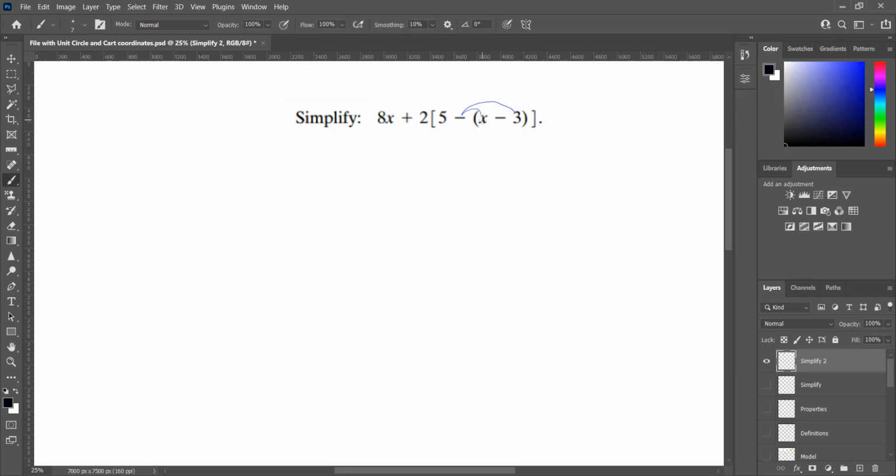Notice I'm not distributing the 5, just the negative, but then I will have to distribute the 2 through. That'll have to be sent through, but let's get to that a little bit later. So I've got this 8x plus 2. Now I've also got this bracket thing. As it turns out, that bracket really is just a set of parentheses.